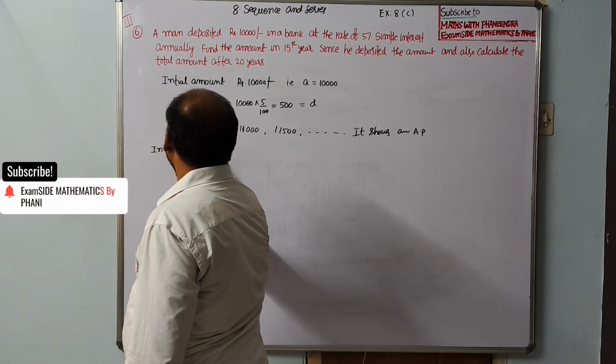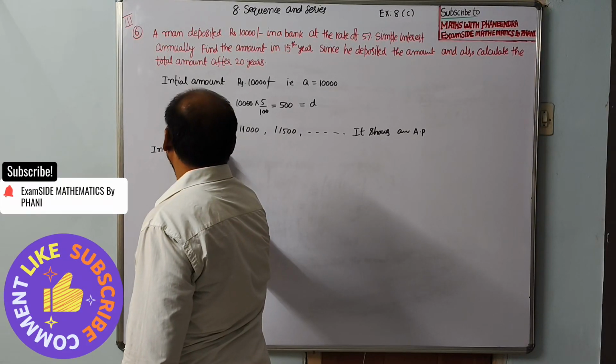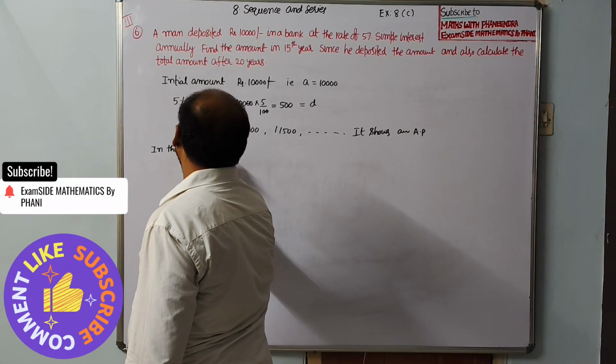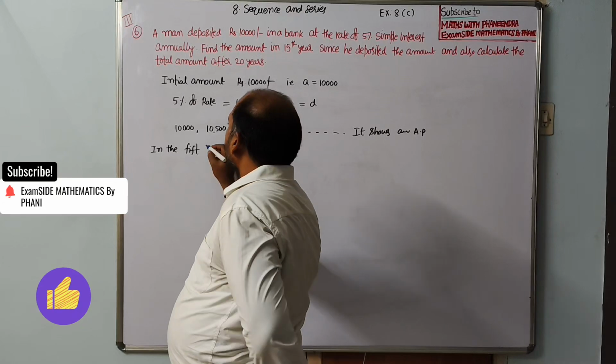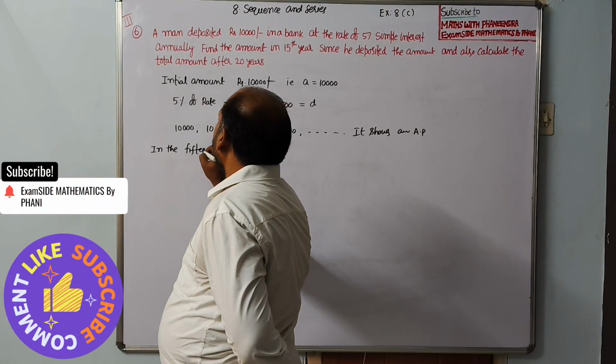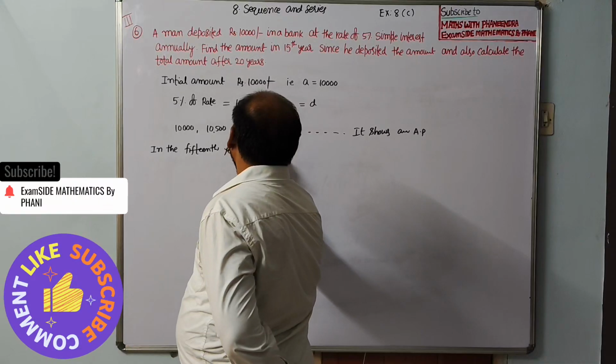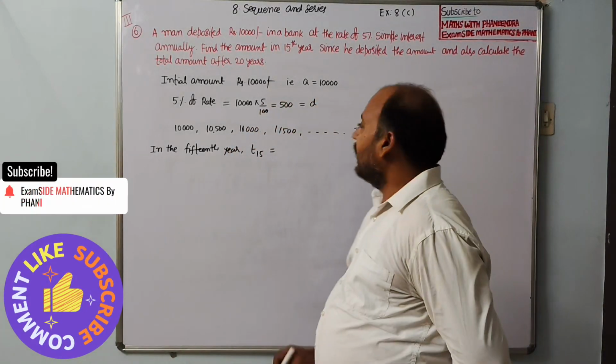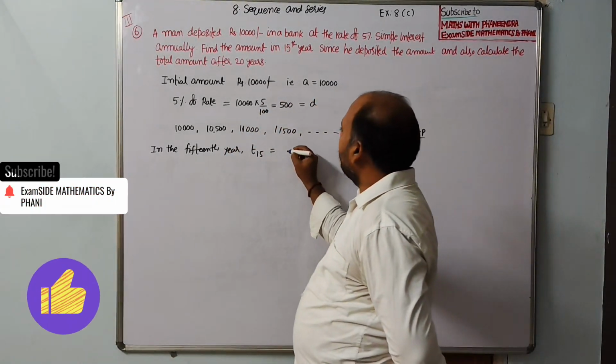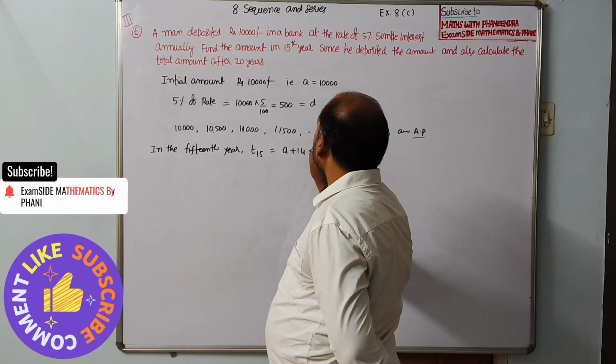In the 15th year, T15 in arithmetic progression means A plus 14D only, no?